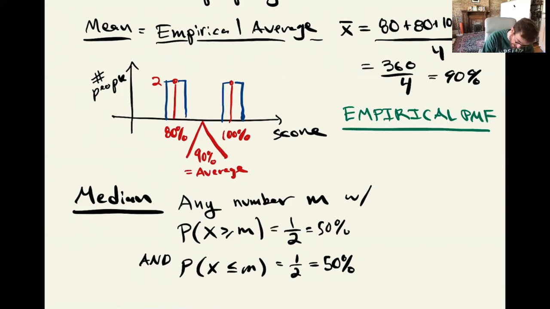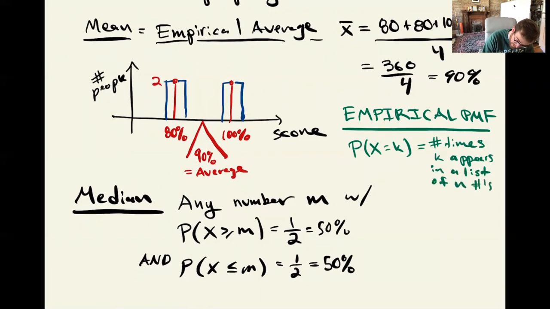where I say that the probability that x equals k is equal to the number of times k appears in a list of n numbers, and I divide that by n.